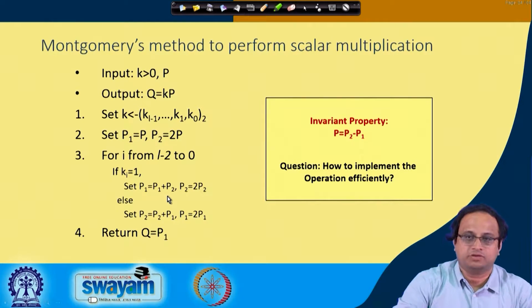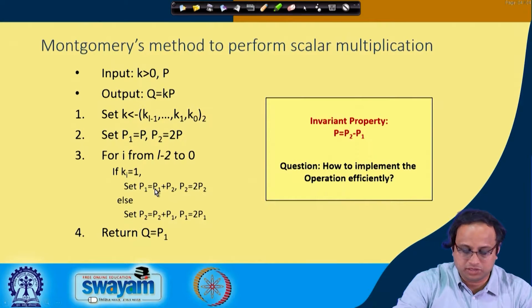If you do that, the first thing you observe is that P2 minus P1 remains an invariant, because P2 minus P1 is always equal to 2P2 minus P1 minus P2, and therefore it does not change. Likewise, if it enters the other part of the loop, then P2 minus P1 is still equal to P2 plus P1 minus 2P1, which is again equal to P2 minus P1.